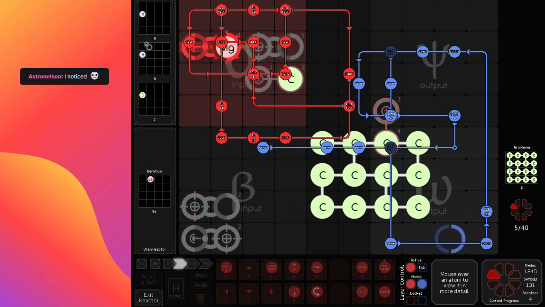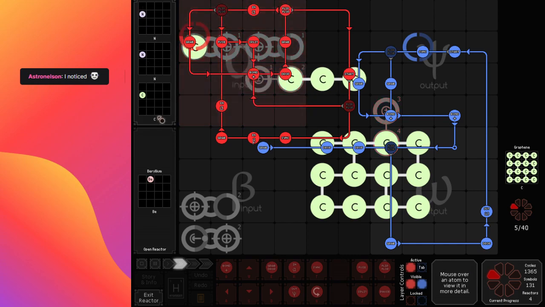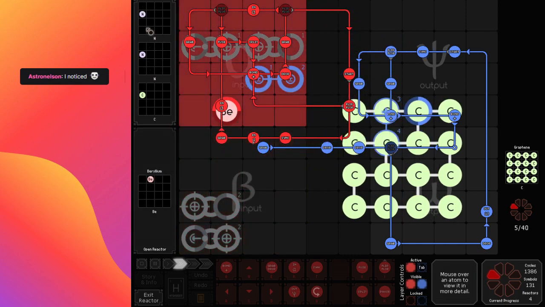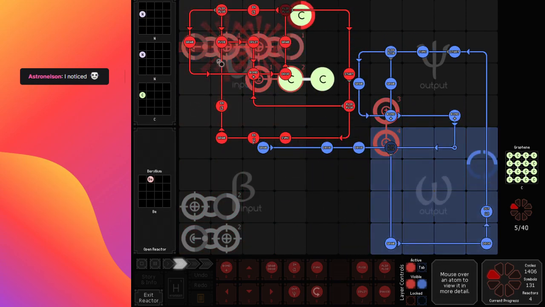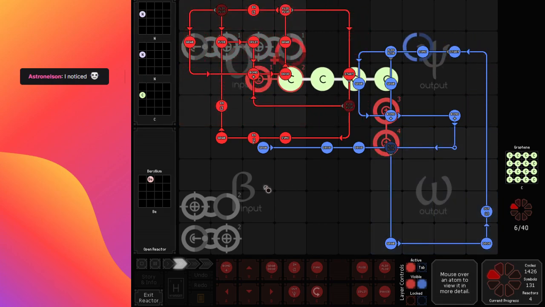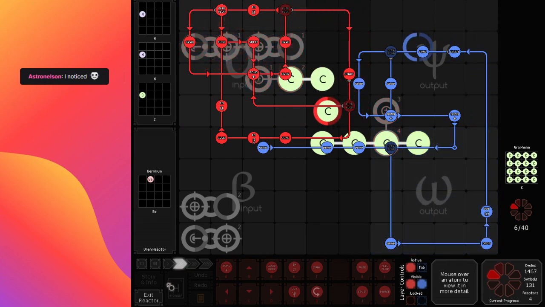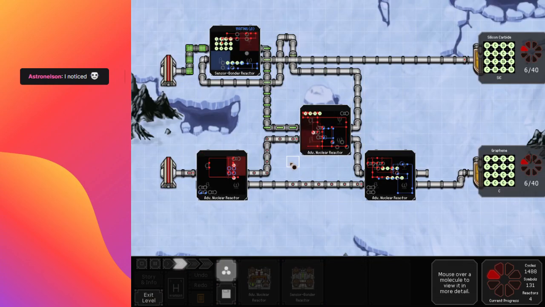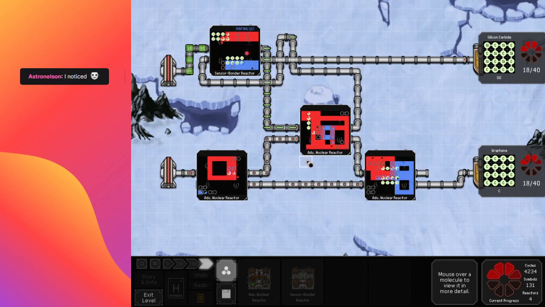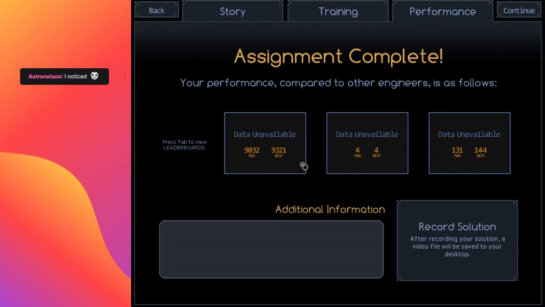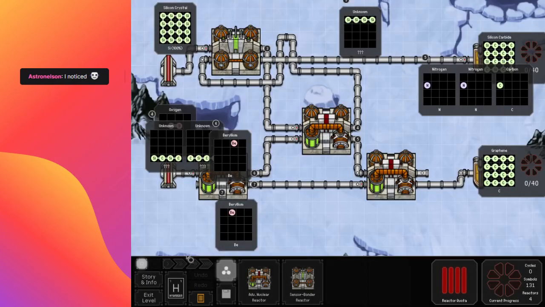Getting the beryllium and the 2 nitrogens to make the 3 carbons is a little bit clunky. And I feel like this bonding process might be better, but I'm not sure. But yes, 131 symbols for a score of 191. Astro Nelson in 10th place.